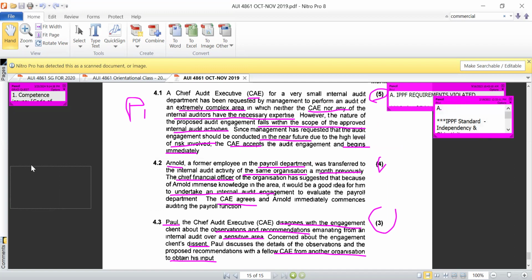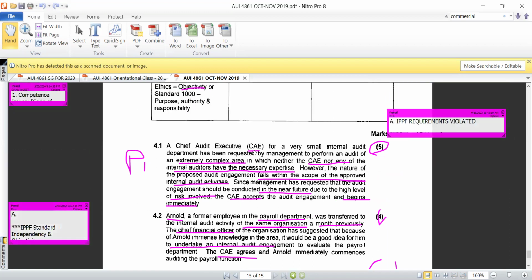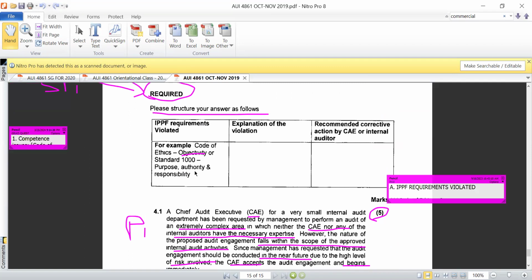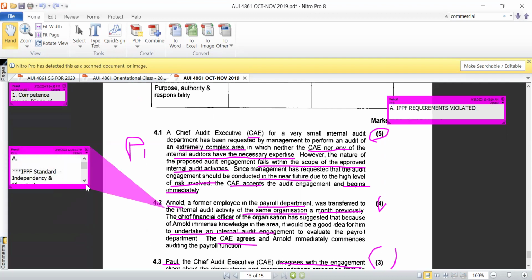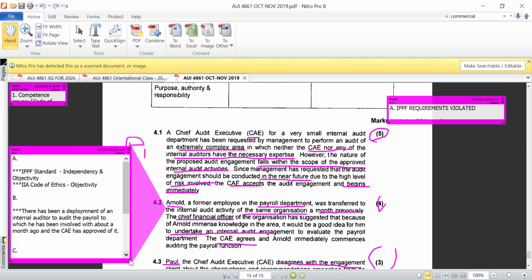But now let's break it down in terms of the IPPF requirements violated, and then we explain why there's a violation, and then we give the recommended course of action. In this case, both of the IPPF's requirements, in terms of standards and the code of ethics, have been violated.